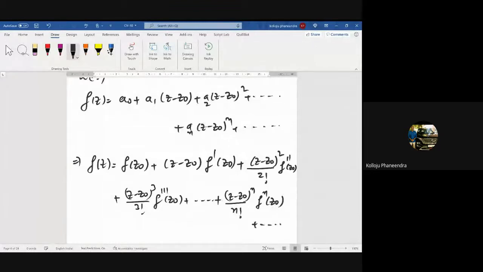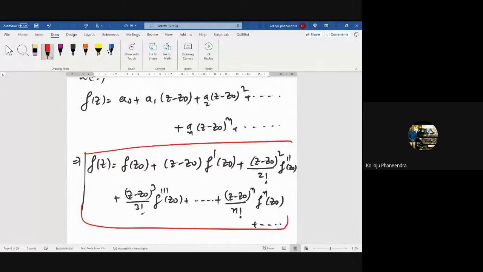You know this power series expansion. This one is called Taylor series.